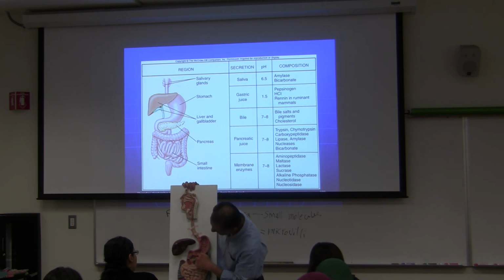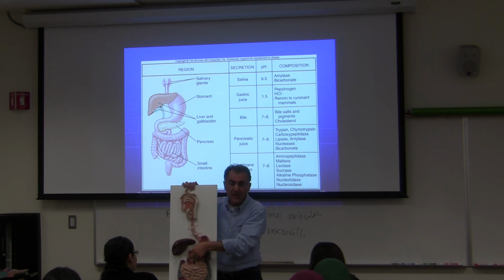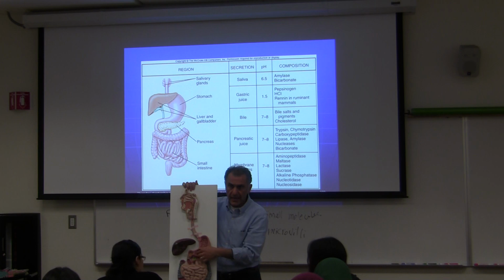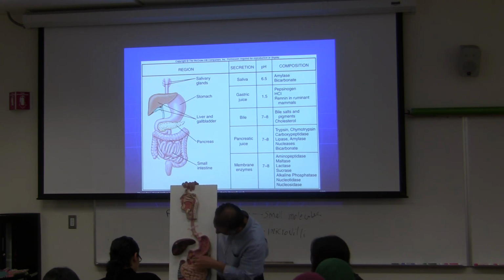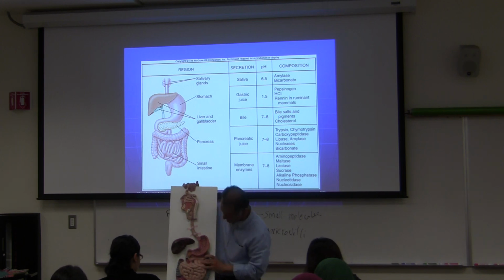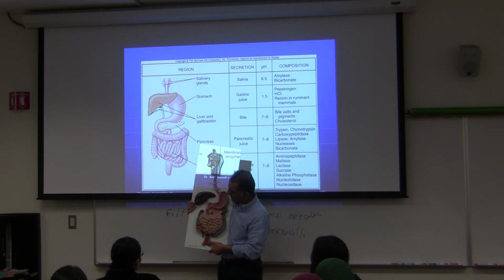Then from the stomach, food goes, there is another sphincter between duodenum, right here is duodenum, and the stomach. And that's called pyloric sphincter. Okay? So here is the liver, here is the gallbladder, and here is the pancreas. Right here is pancreas, you guys cannot see.